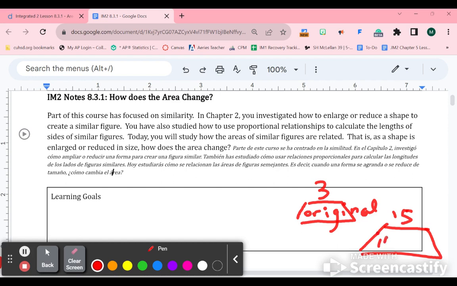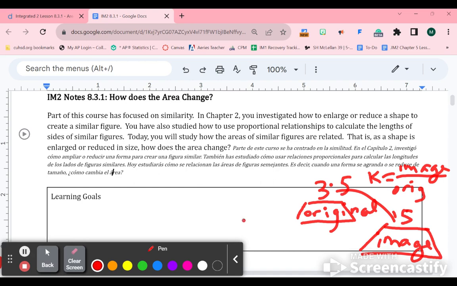And this is the image. And I wanted to know, what is K, the scale factor? Well, the scale factor is always image over original. So it would have been 5, because 3 times 5 is 15, and 15 divided by 3 is 5.